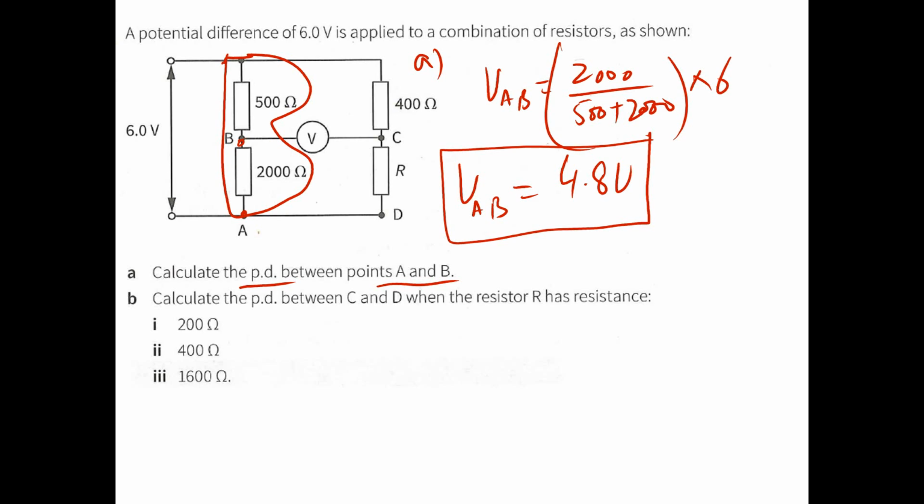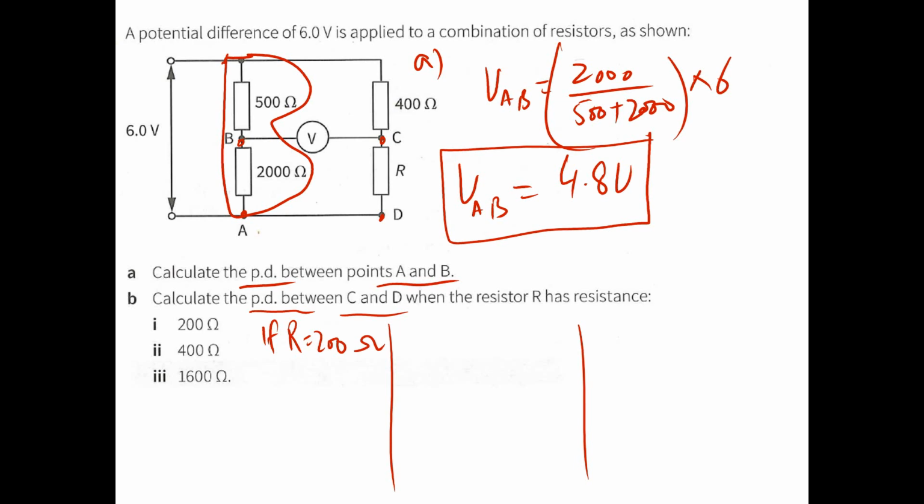Now let's go to the next one. The next question asks us to find the potential difference between point C and point D. This question is divided into three parts. In the first case, R is equal to 200 ohms.